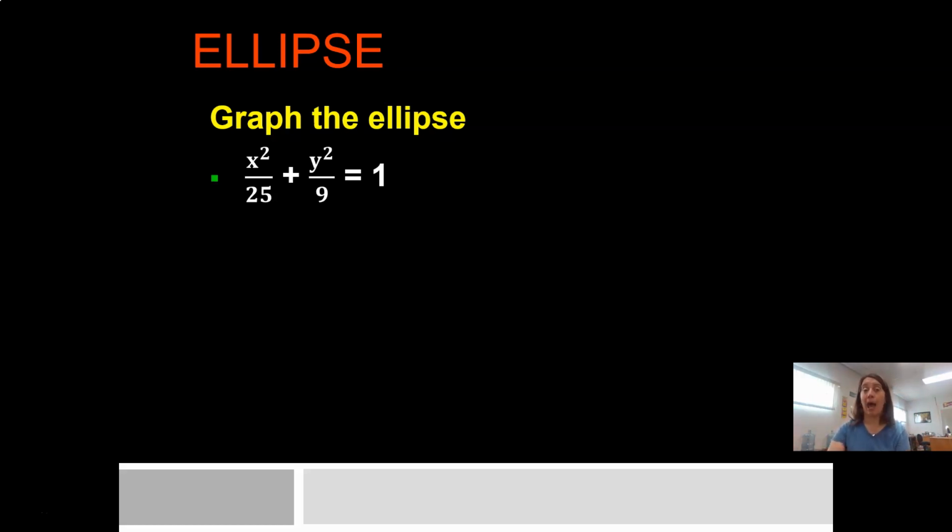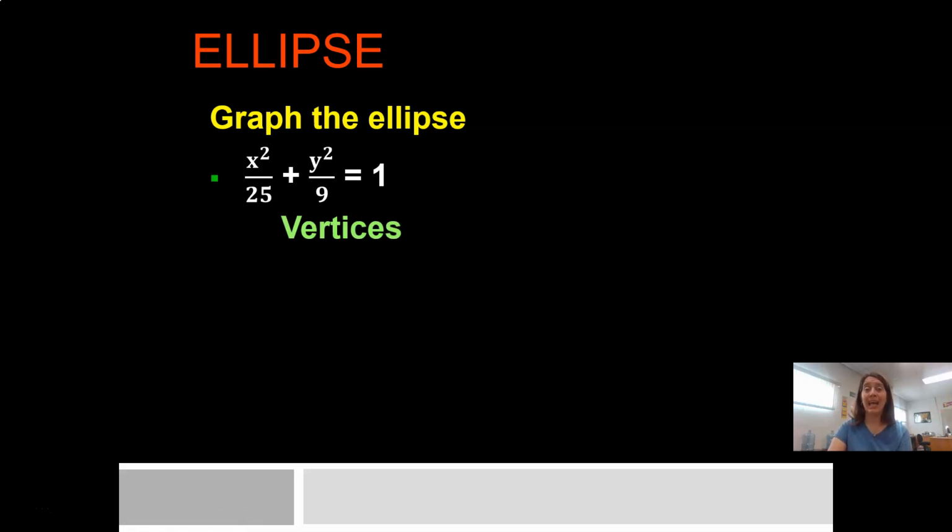How do I know how many spaces to move in each of those directions? In our formula, in the denominator, it says a squared and b squared. So let's take a look at this number 25. What can I square to get 25? The number 5.